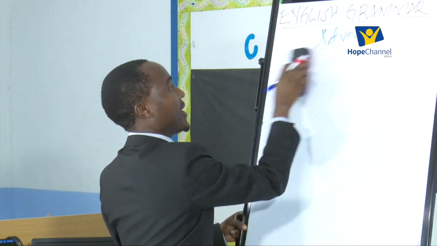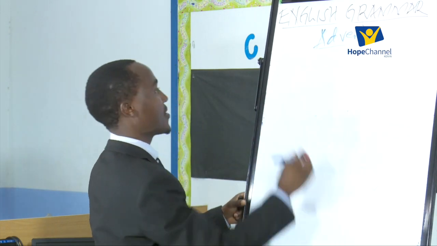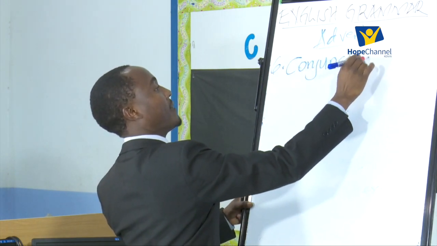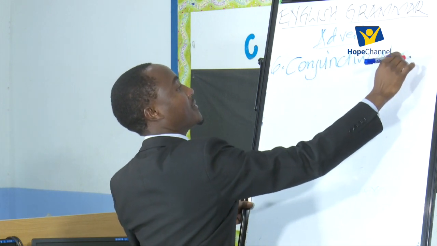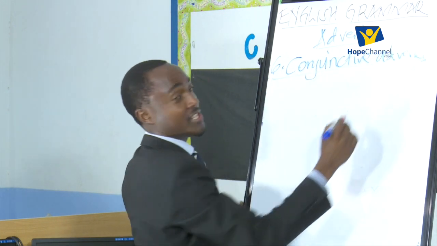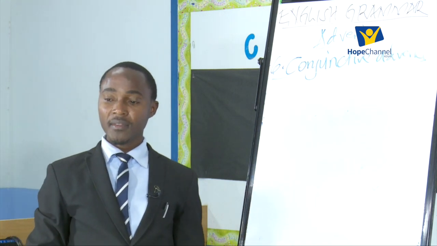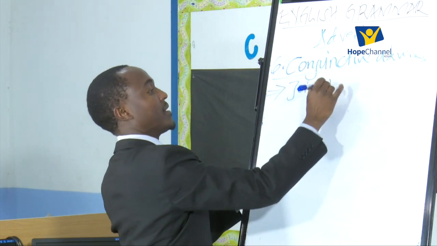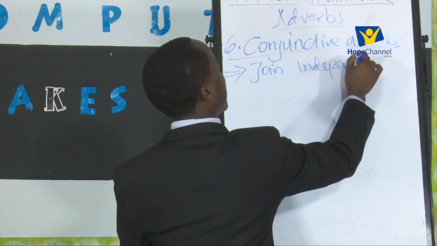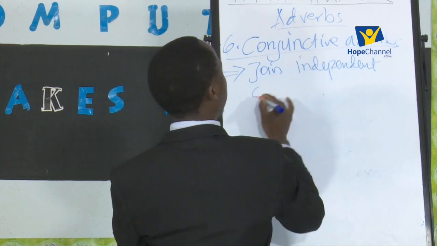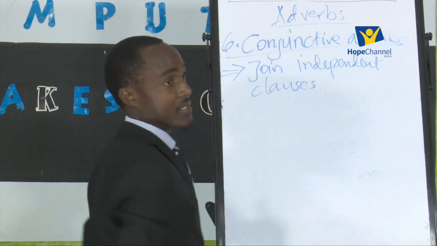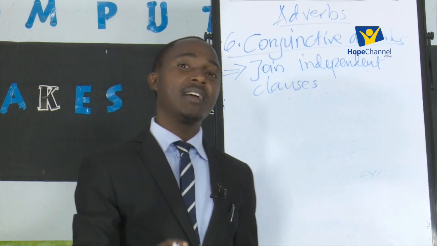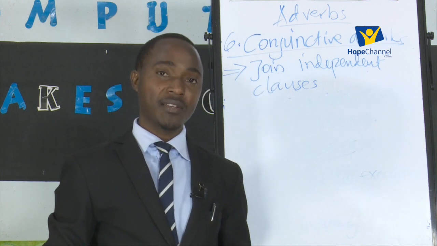We go to our sixth type of adverb. This is what we call conjunctive adverbs. These are adverbs that are used to join independent clauses. And here I will take 1 minute to explain what an independent clause is.